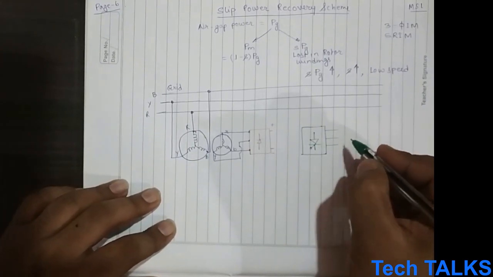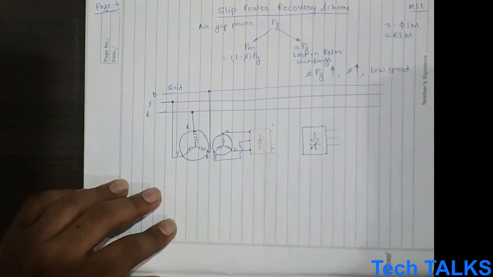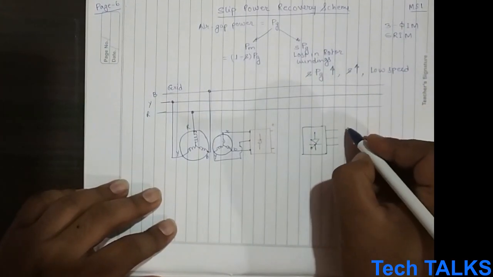Now these three lines will be connected to a transformer.